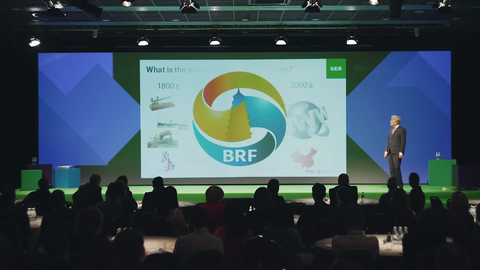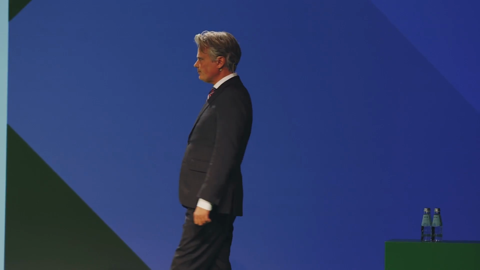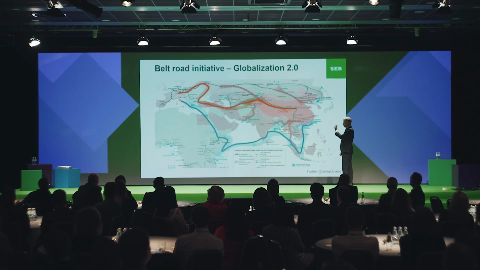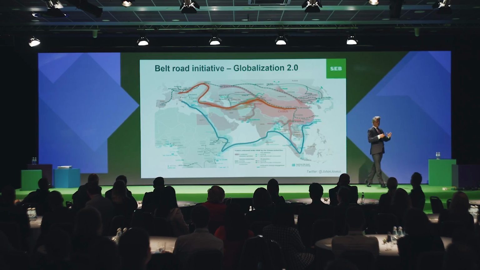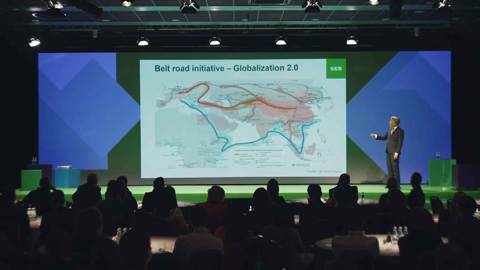Has anyone seen this symbol before? Have you heard about the Belt and Road Initiative? It's basically a huge infrastructure project that is driven by China with the aim of connecting Asia with Europe, trade-wise, both by sea and land. 70 countries are involved somehow.